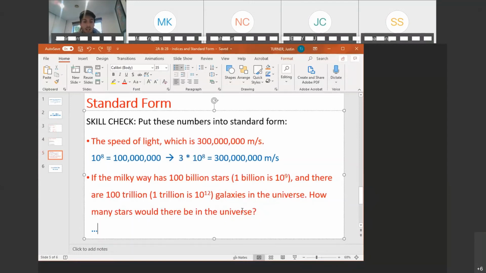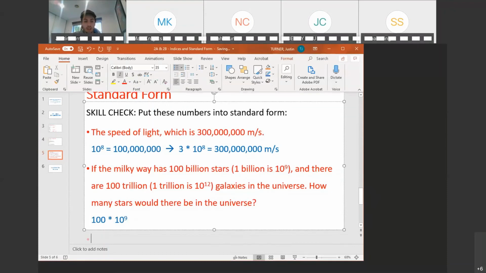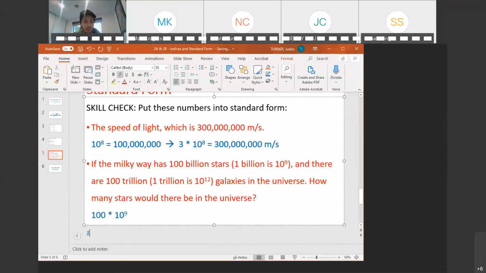The second one is a little trickier. First we've got 100 billion stars in the Milky Way, and 1 billion is 10 to the 9. So in the Milky Way, there are 100 times 10 to the 9. That's 100 billion stars.